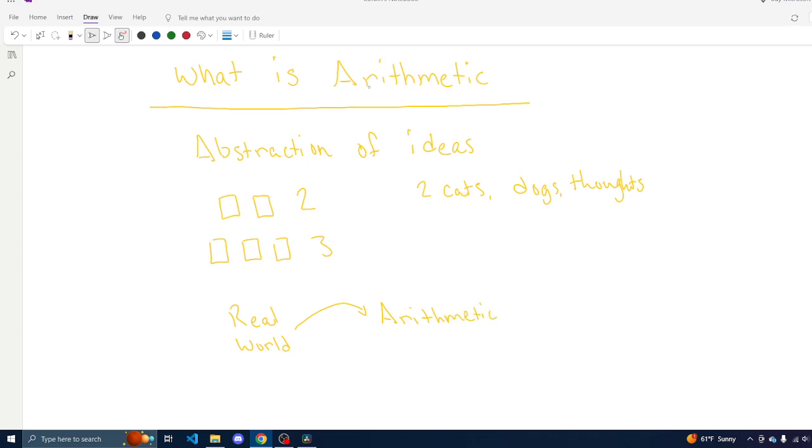And now from arithmetic, we can go into other real-world ideas. And I'm going to abbreviate this simply as RW. And this is the model that we follow with math. We have a real-world value, we abstract out the meaning, and then we can reapply it to other concepts.